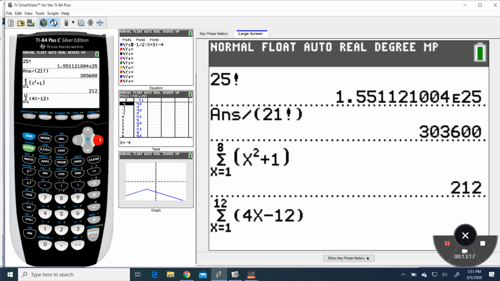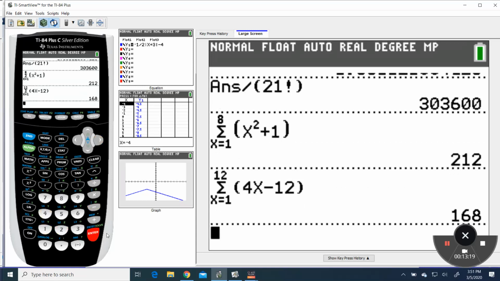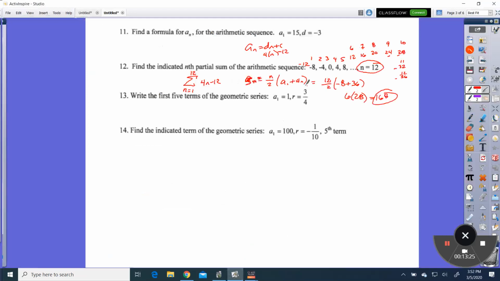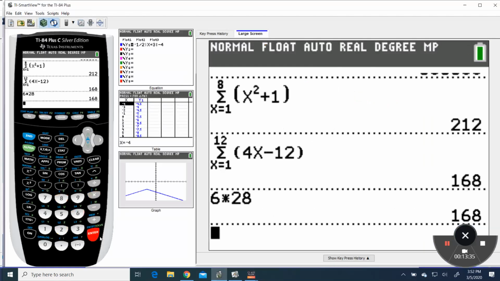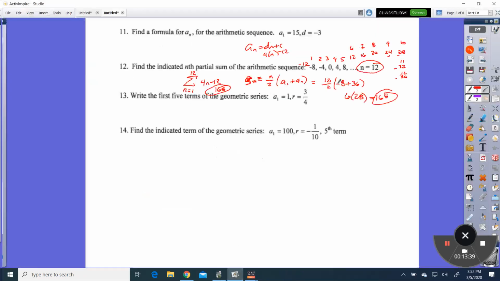I come out of it and I hit enter. And it tells me it's 168. So 168. Again, on your calculator, you know, 6 times 28, it better give me 168. So it gives me the same thing. So just a different way to do it, 2 different ways to do it.